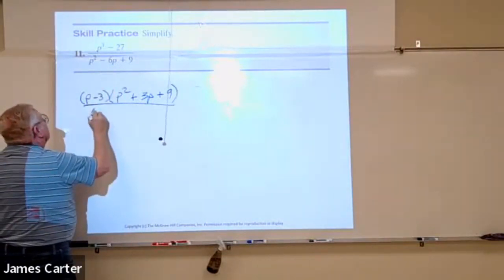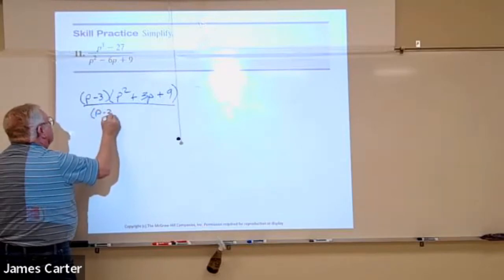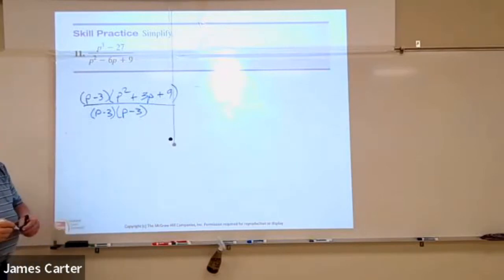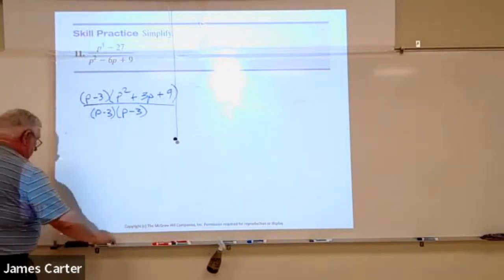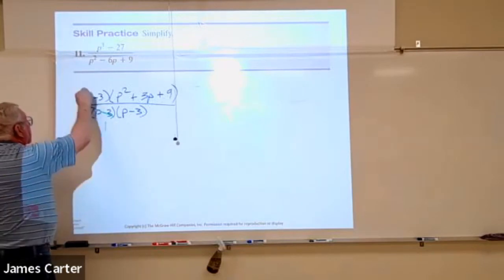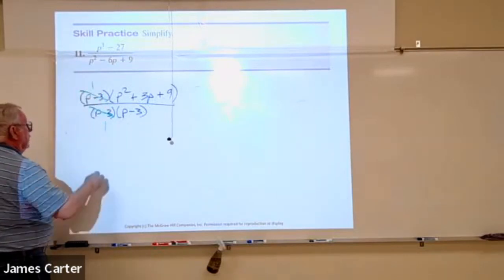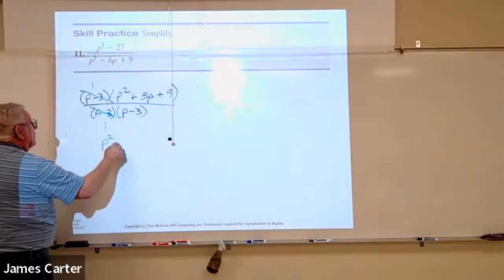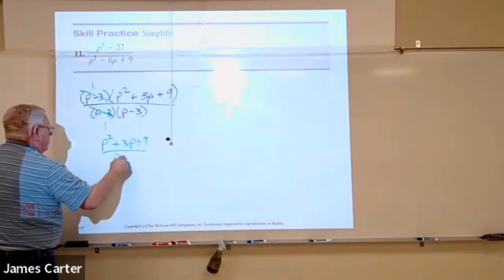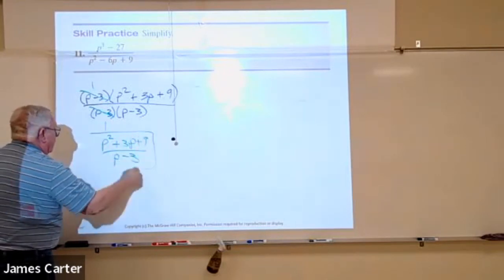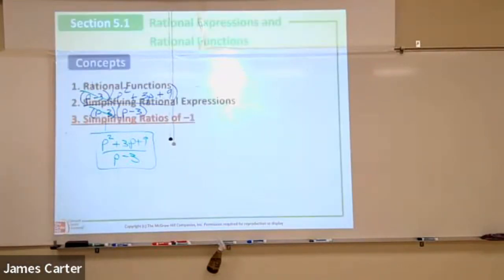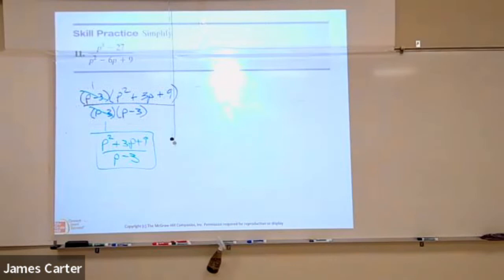That factors into p minus 3, p minus 3. Well, we can do some canceling. Those two. So p squared plus 3p plus 9 over p minus 3.